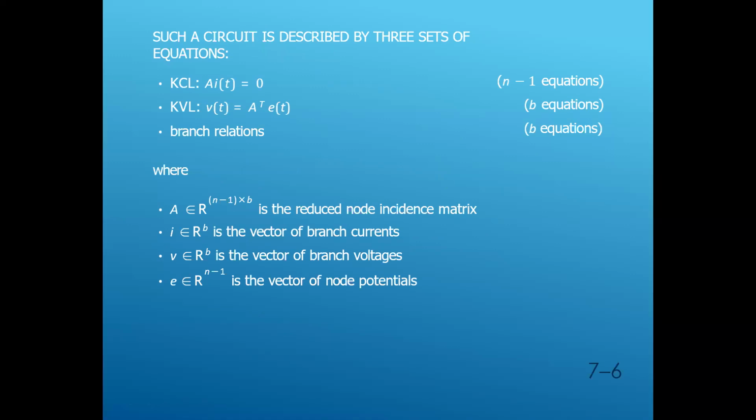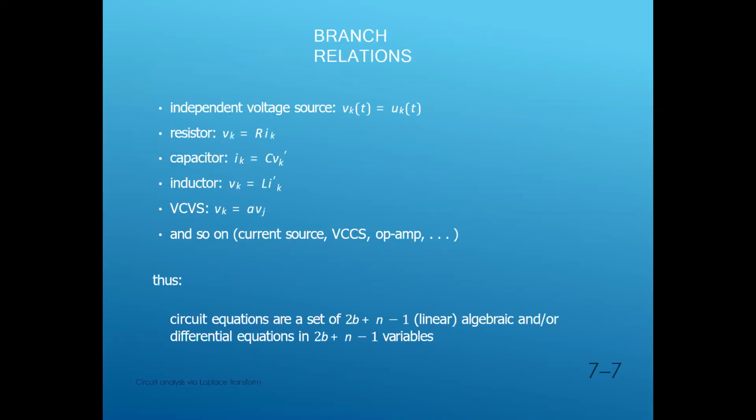KCL is A i(t) equal to 0, KVL is V of t equal to A transpose into E(t), and branch relations, where A belongs to R to the power (n minus 1) times b, is a reduced node incidence matrix. I belongs to R power b is the vector of branch currents, and V belongs to R power b is the vector of branch voltages. E belongs to R power n minus 1 is the vector of node potentials.